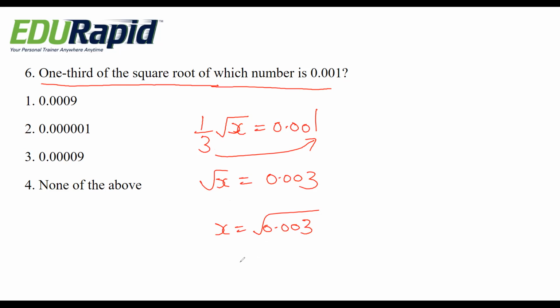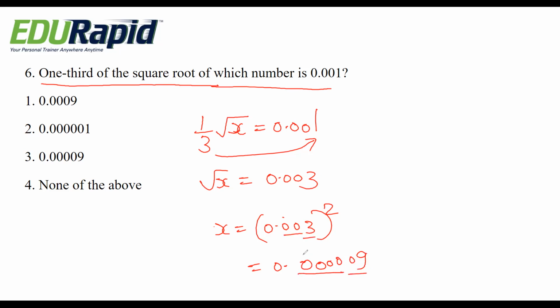Sorry, it becomes a square; the square root becomes a square when it goes to the right side. So it becomes 0.000009.